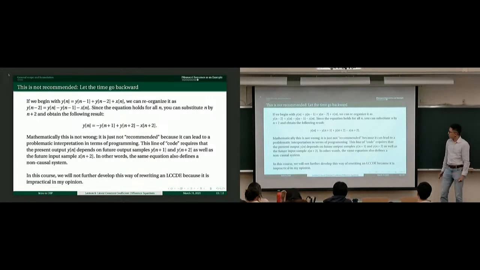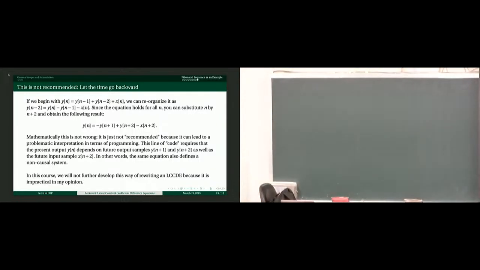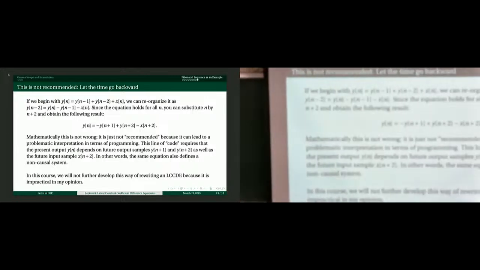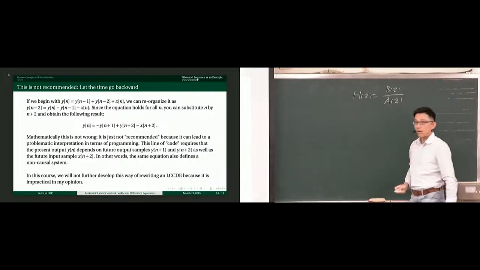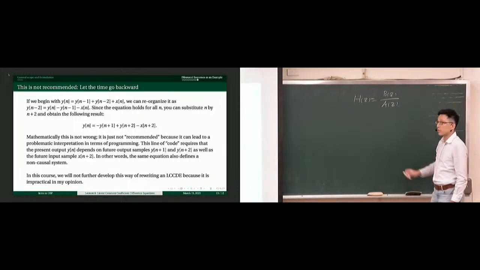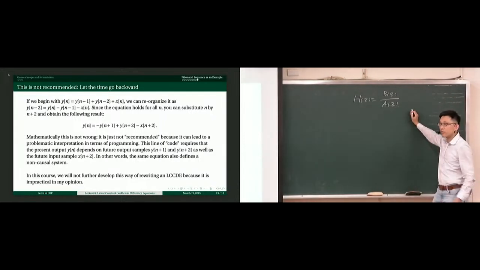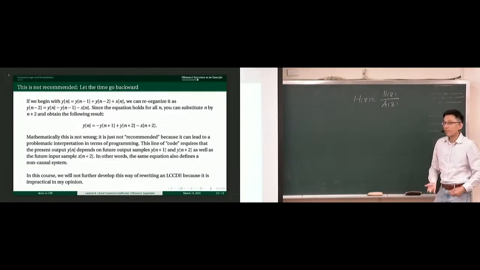And this is why, maybe in signals and systems, sometimes we say when you have a system function H of z, you probably learn a lot about H of z itself, but it does not tell you whether this system is causal or non-causal. You still need to specify the region of convergence, whether it's inside the circle, outside the circle, or in between two circles, things like that.